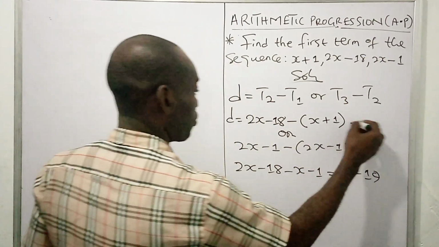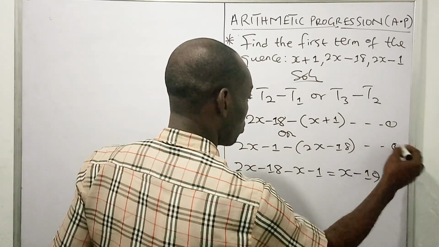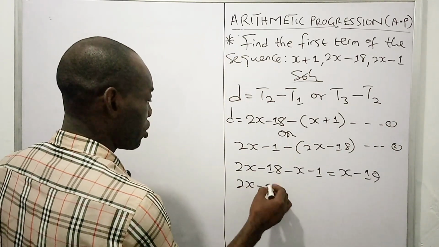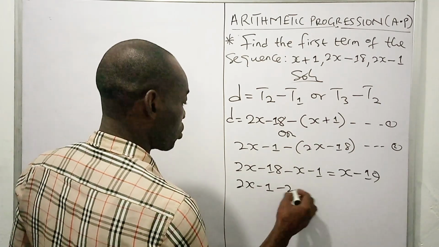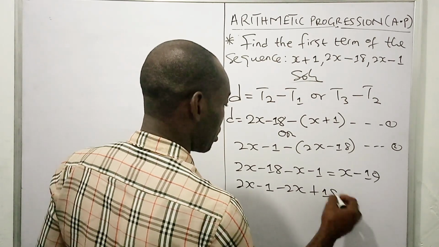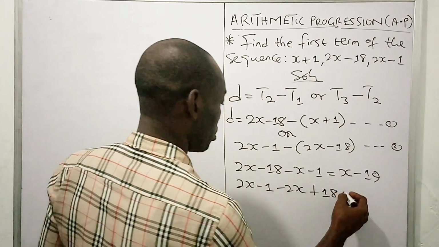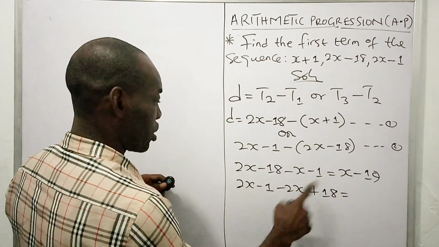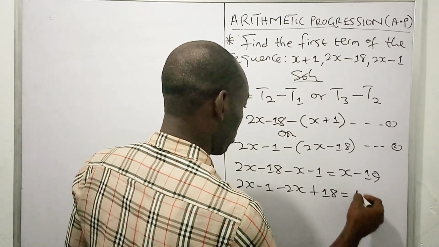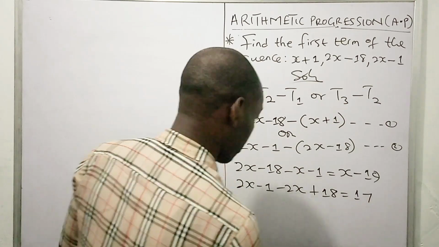If we like, we can call this one 1 and this one 2. Then from 2 we have 2x minus 1, minus times this is minus 2x, while minus times this is positive 18. And that gives us 2x minus 2x, that's 0, and minus 1 plus 18 will give us 17.